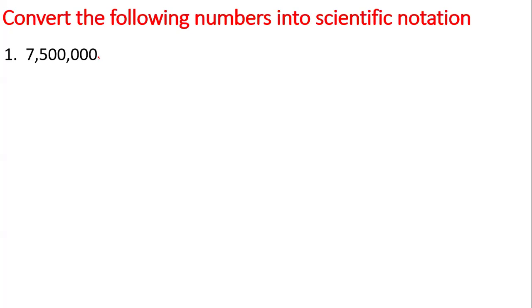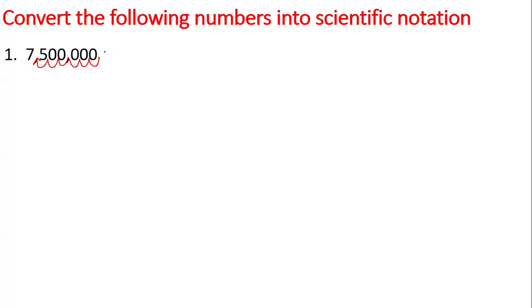So it's 1, 2, 3, 4, 5, and 6. We move it over 6 times. The idea is that you want to move it in between the 7 and the 5.